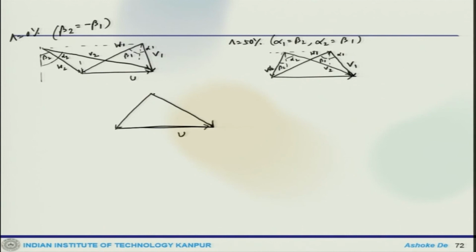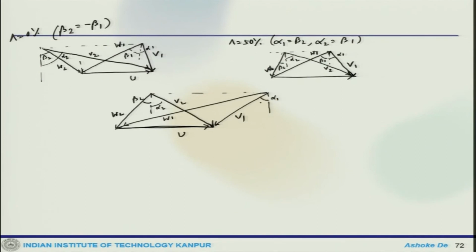This is U, so this is W2, beta 2, alpha 2, V2, W1, V1.